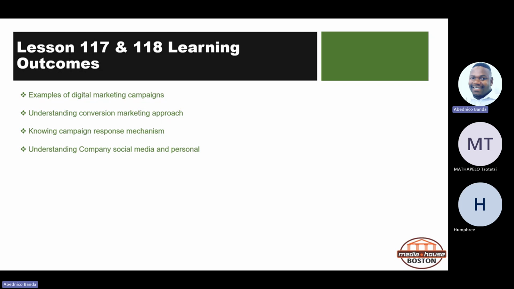So you need to understand the response mechanism, because sometimes you end up overselling. People already know what they want. That's why they reach out to you. I've seen that even in dealerships. You go to a specific BMW dealer because you saw a specific model on their billboard. You get there, and they are now telling you about SUVs, when the banner that you saw was a sedan.